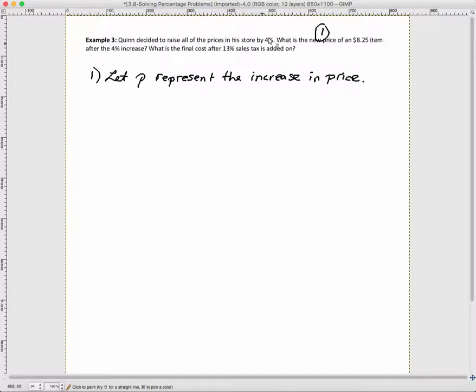If we're increasing our price by 4%, it's going to be 4% of this $8.25. So if we set up our equivalent fractions, 4% is 4/100ths, and we equate that to some amount out of this $8.25.